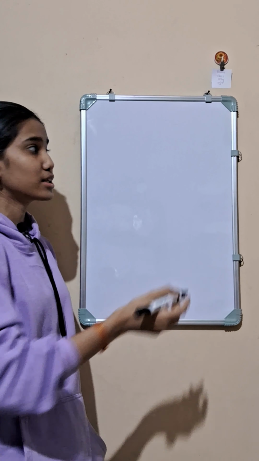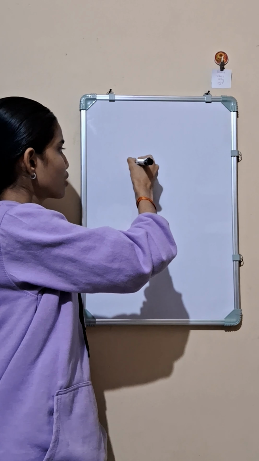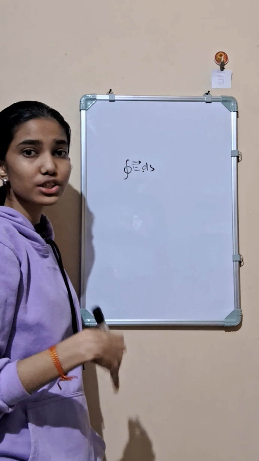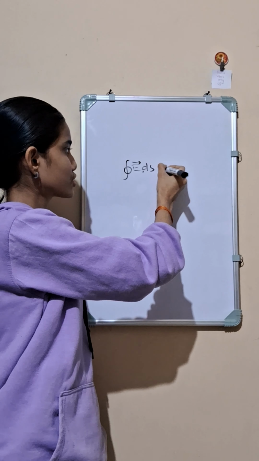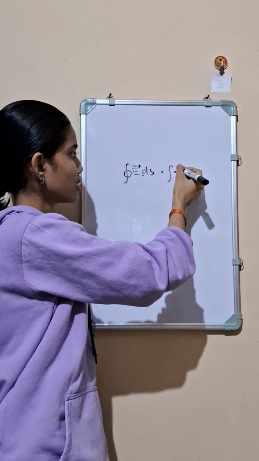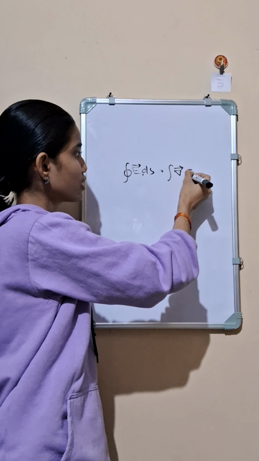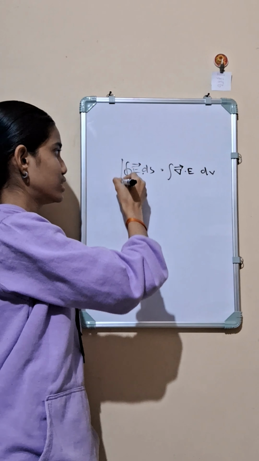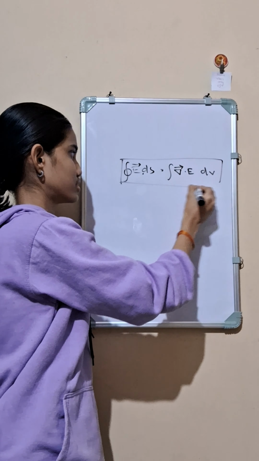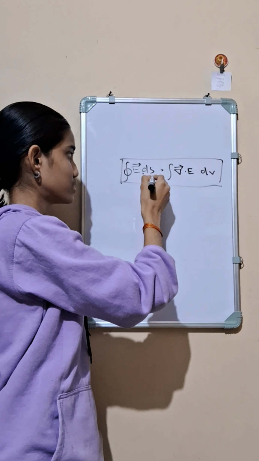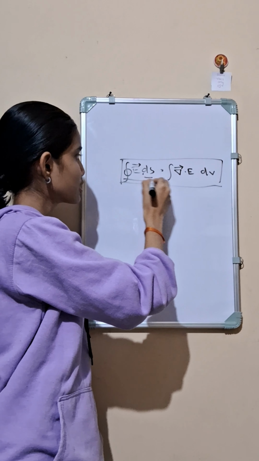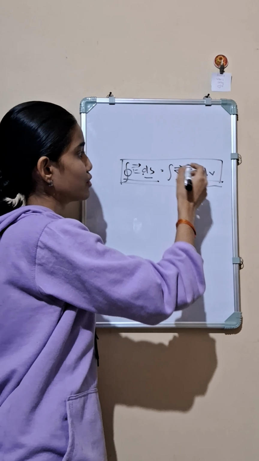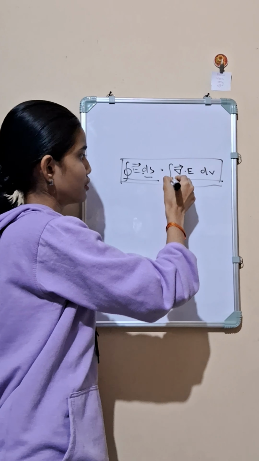Basically it states that the closed surface integration of a field is equal to the volume integration of the divergence of the field. So, closed surface integration of the field is equal to volume integration of the divergence of the field.